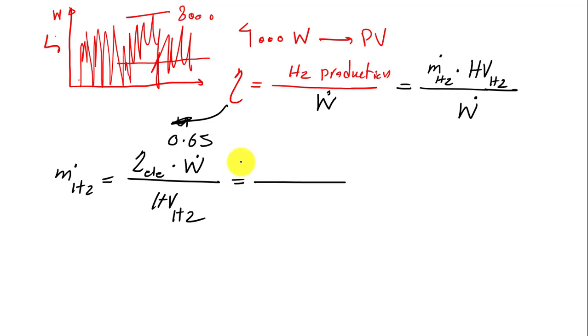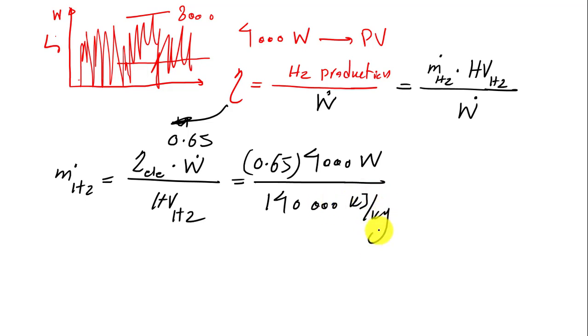So in this case, the efficiency is 0.65 times the average of 4,000 watt divided by HV, the heating value of hydrogen, which is 140,000 kilojoule per kilogram, right?